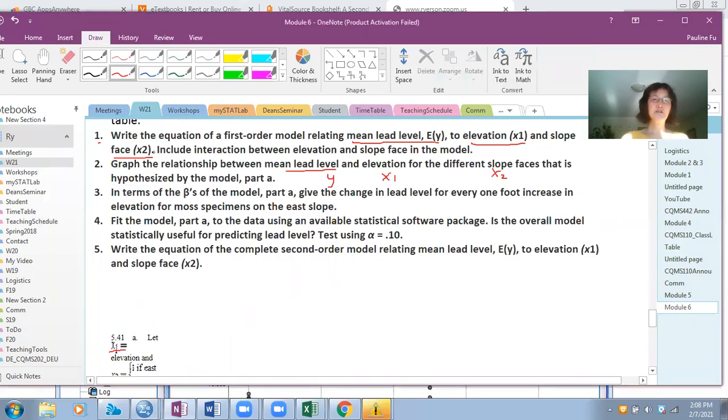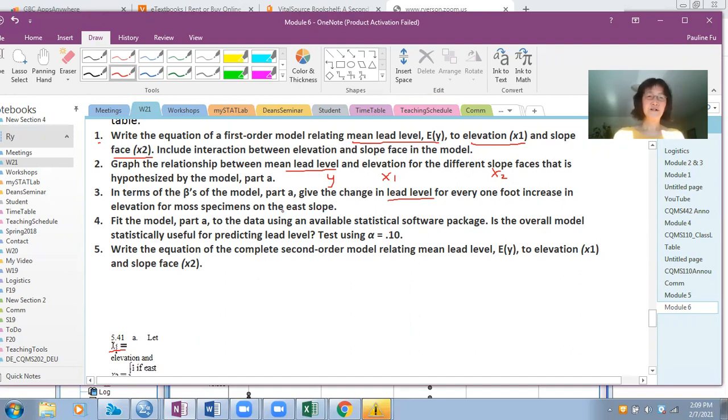All right, so that is question 2, graph. Question 3, in terms of beta in the model, give the change in light level for every 1 foot increase in elevation for most specimens on the east slope.